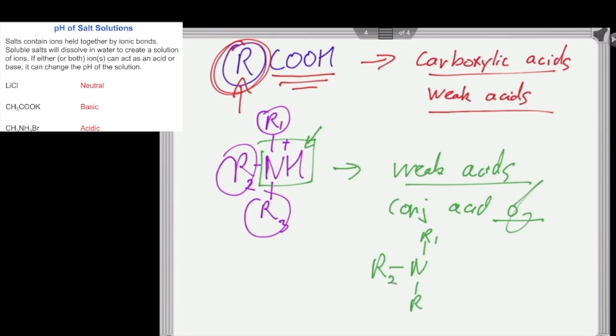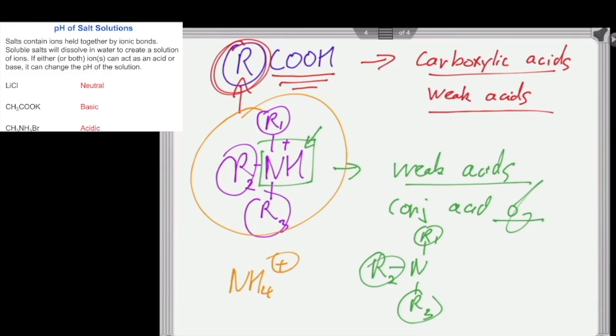R1, R2, R3. These guys, does anybody know what the name, like we said before, what do you think the root name of a nitrogen plus species is? Any NH plus species? No, not an amide. What was the name of this? NH4 plus, we called that ammonium.